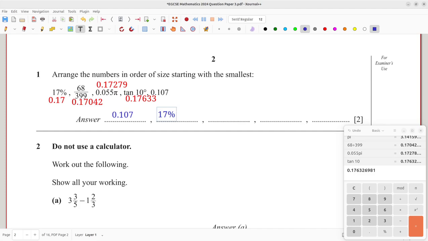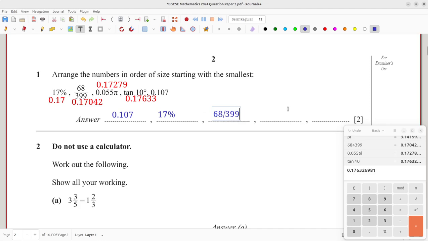Next number, let's compare between the 3 consecutive numbers, which is the 68 over 399, 0.055 pi and tan 10. All of them are 0.17, and then you have 0.17279 and 0.17633. So the next one, it's obviously the 0.17042. So that's your 68 over 399. Next number, let's compare between these two. The 0.055 pi and tan 10, which is the smallest?